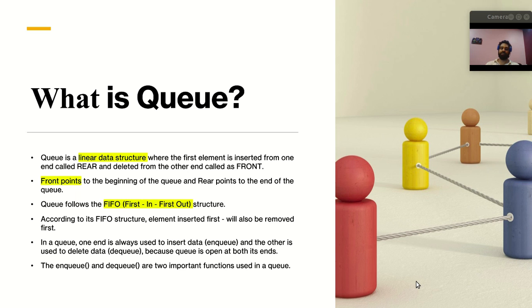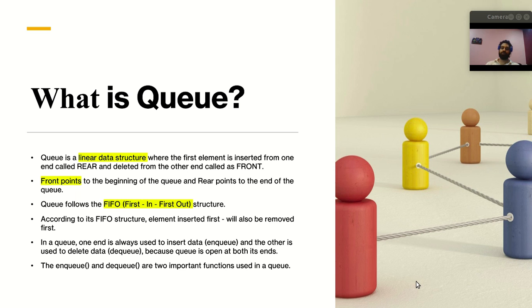The first is the rear end, and the second is called the front end. From the rear end we insert the data, and from the front end we take out or delete the data. Front points to the beginning of the queue, and rear points to the end of the queue.